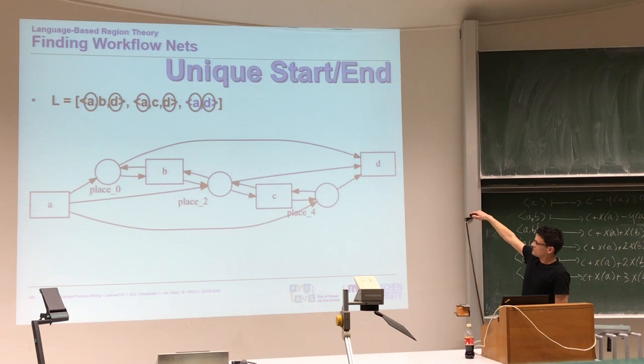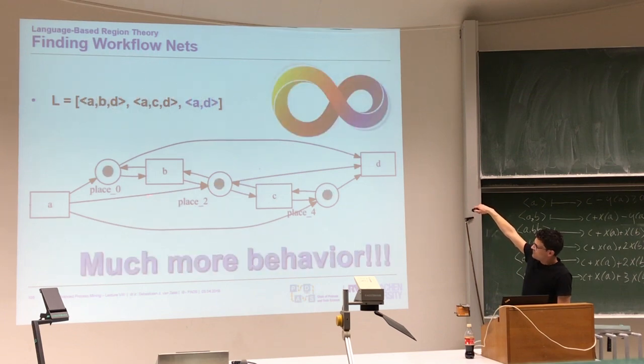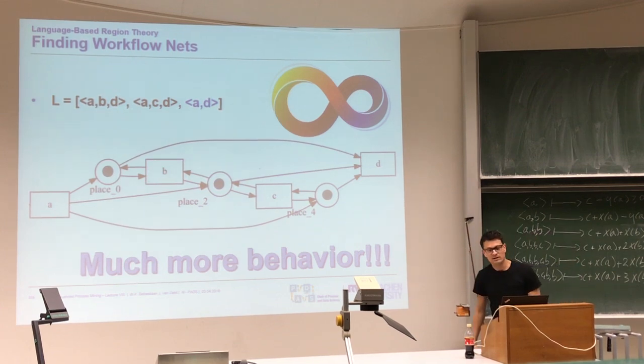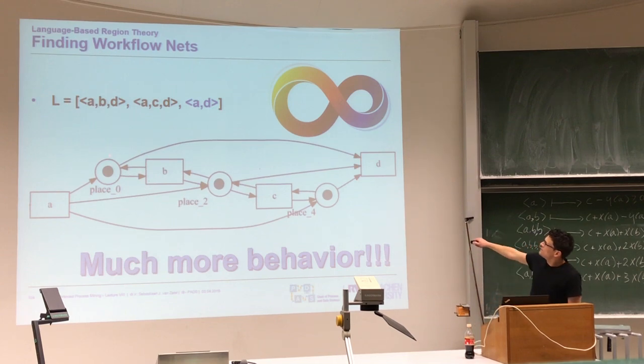Let me back up for a second. The problem with this model is that, on the one hand, everything is empty after we replay the traces, but still I can fire A infinitely many times, so I can get infinitely many tokens in these places. Now I don't want that.